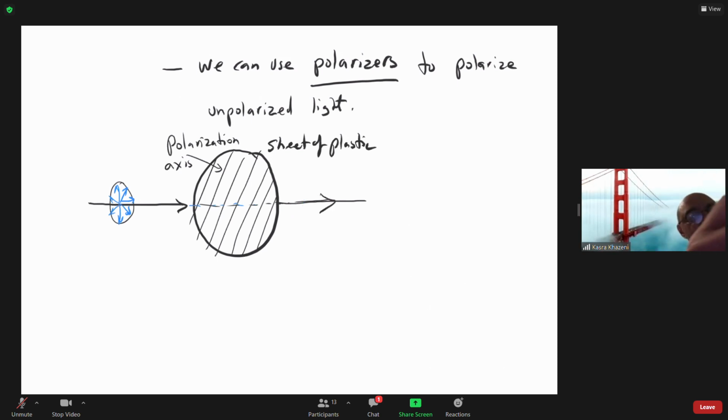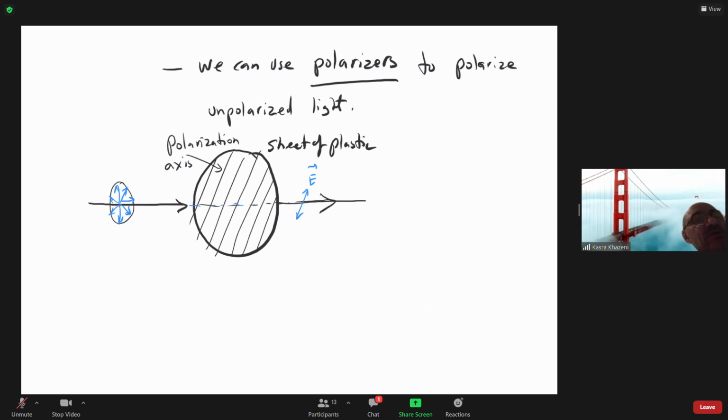So it would be like that. Whenever you have a polarizer, depending on the direction of that polarization axis, what goes through is exactly parallel to that polarization axis.